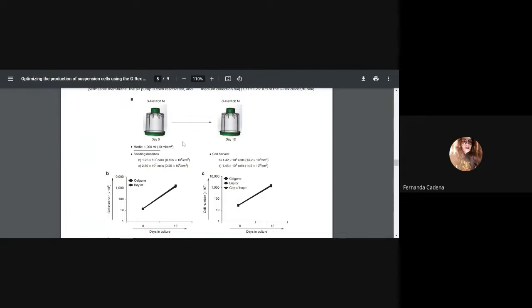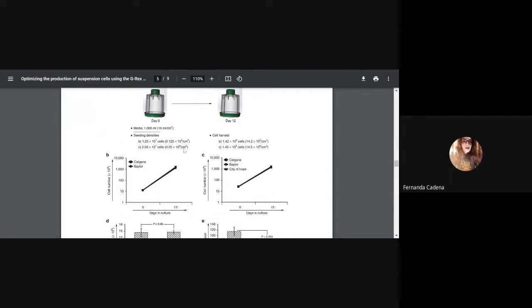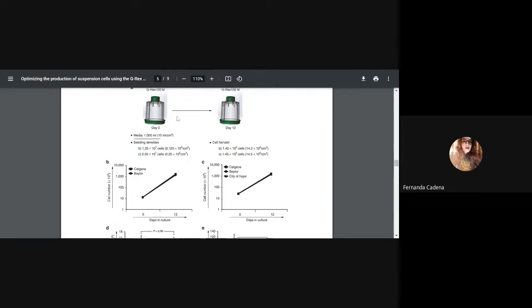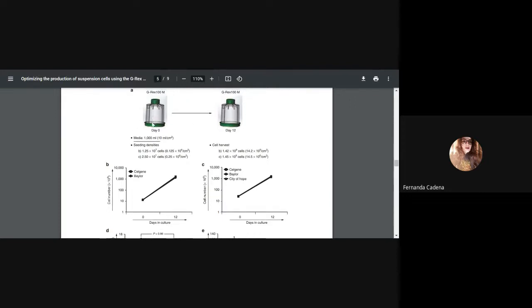which in this case is 10 milliliters per square centimeter, like they discovered before, and they tested 2 seed densities: 1.25 times 10 to the 7 and 2.5 times 10 to the 7 cells as the total starting density of the culture. Then they ran this experiment for 12 days.